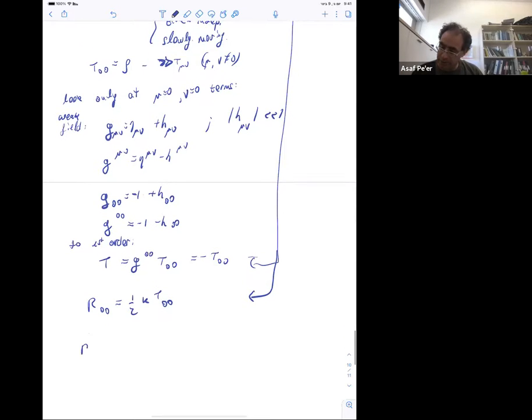And R00 is just getting the contraction, right? It's just R lambda 0, lambda 0. Now, since R with all zeros is 0, then we only care about R i0, i0.